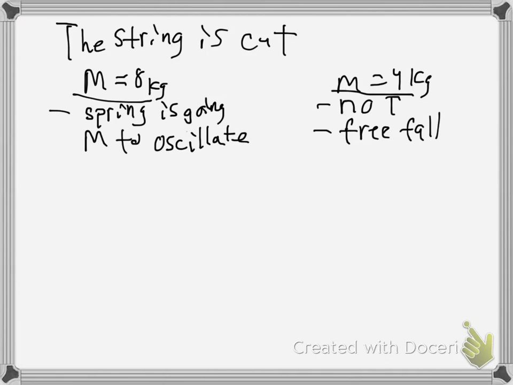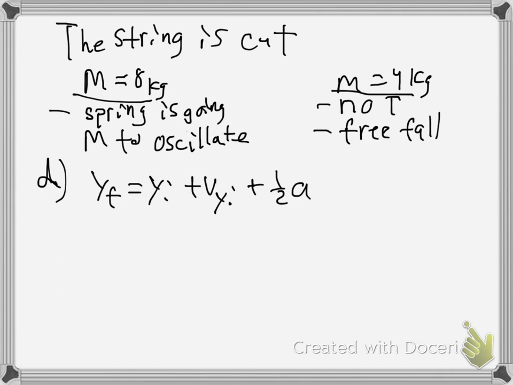Okay, so now let's look at the time taken for that 4 kilogram block to hit the ground. So this goes back to kinematics. If you're looking for time, this is definitely the equation to use here. Plus 1/2 a time squared.